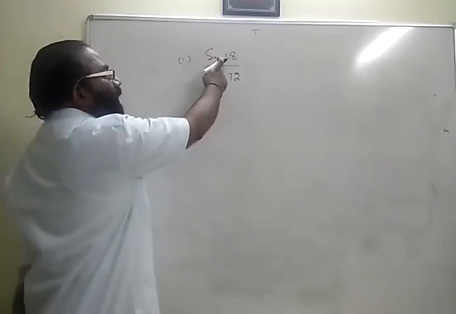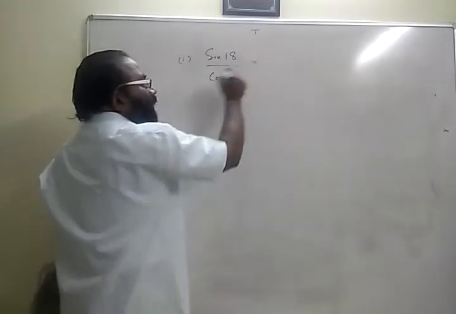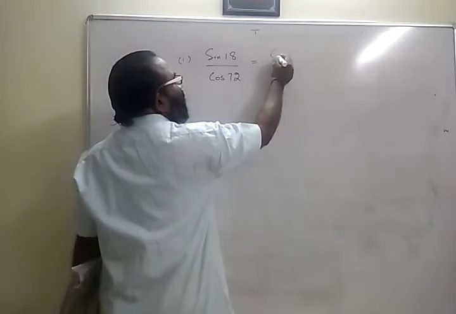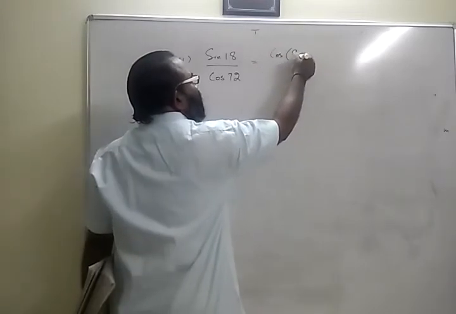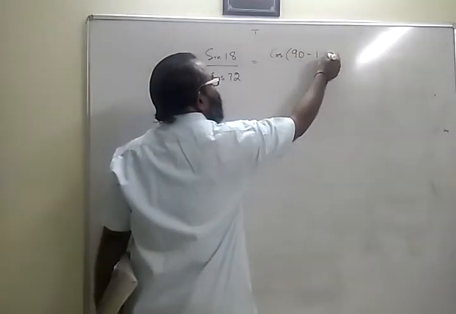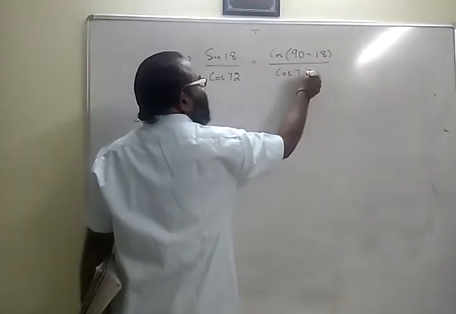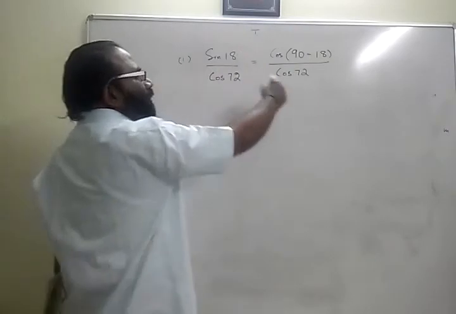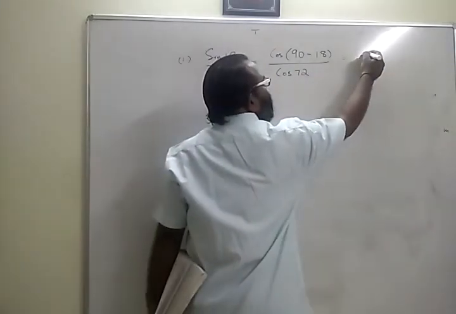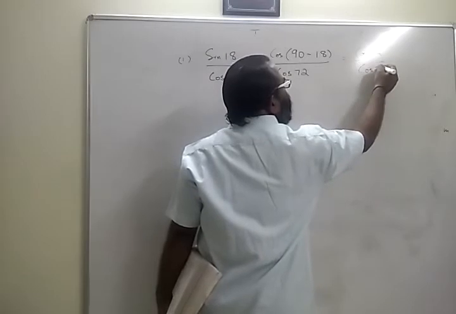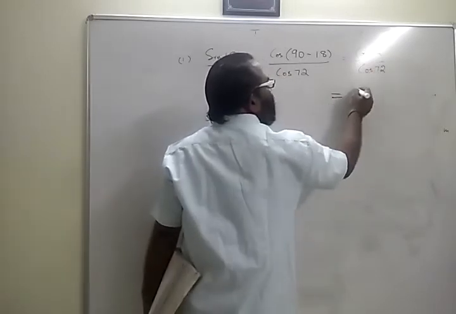So sin 18, I know that sin theta is equal to cos 90 minus theta. So sin 18 can be written as cos 90 minus 18 by cos 72. So that would be cos 72 by cos 72, which is nothing but 1.